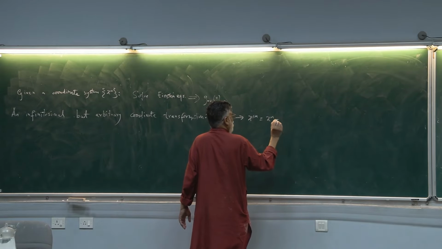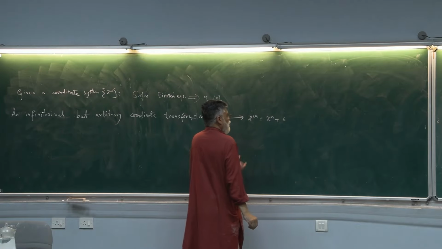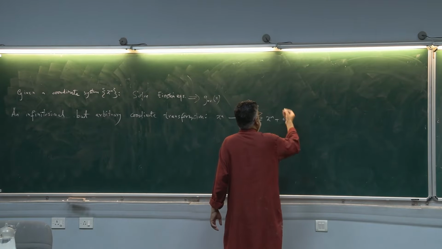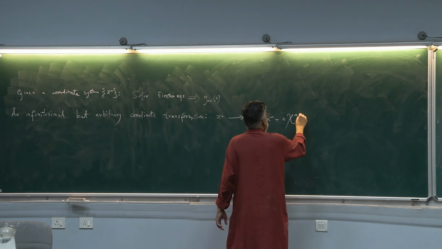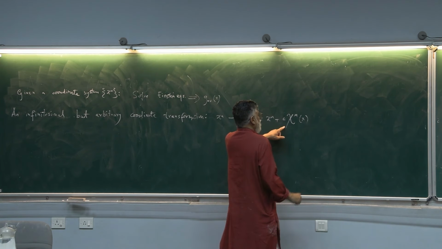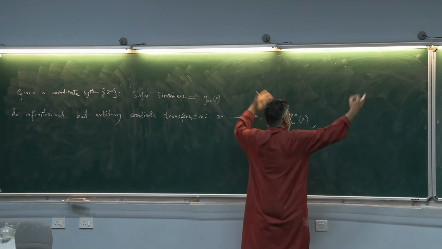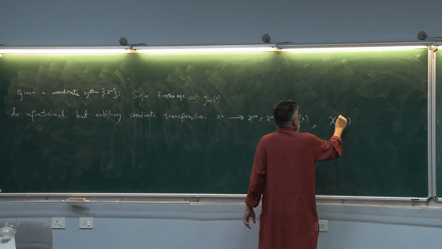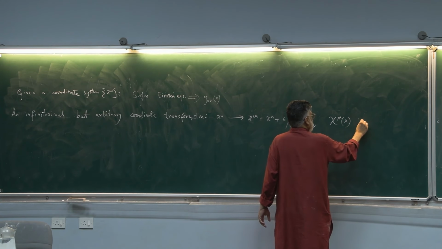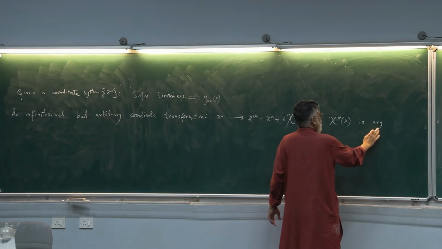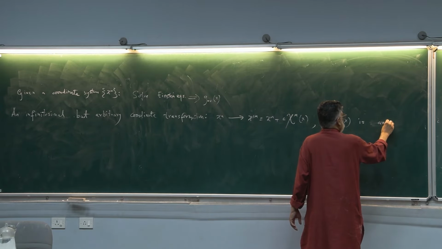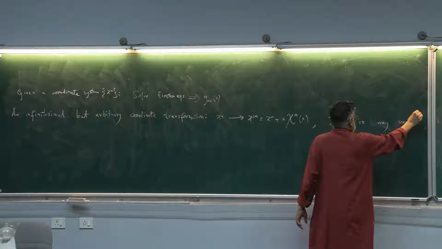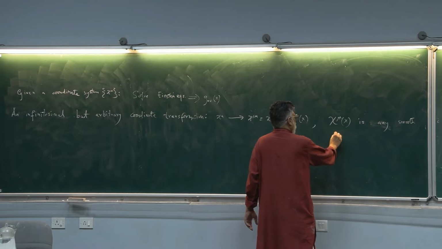Infinitesimal means there's a parameter epsilon which is very tiny and a vector field. Let me call the vector field chi mu of x. So chi mu is an arbitrary vector field. You can have any vector field that you choose. Any smooth, infinitely differentiable vector field. We have defined all these when we were doing differential geometry.